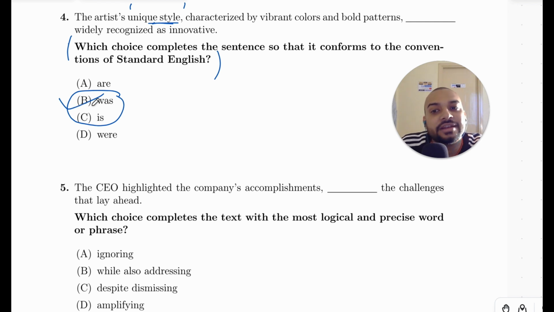So was definitely looks correct, but it has an added layer of thinking, like the way I mentioned, that the people who saw the vibrant colors and bold patterns of the artist's unique style, they recognized it as innovative. But no such layer is mentioned in the text. So as a thumb rule, we won't change the text unnecessarily. Okay, so is would be the right answer in this case.